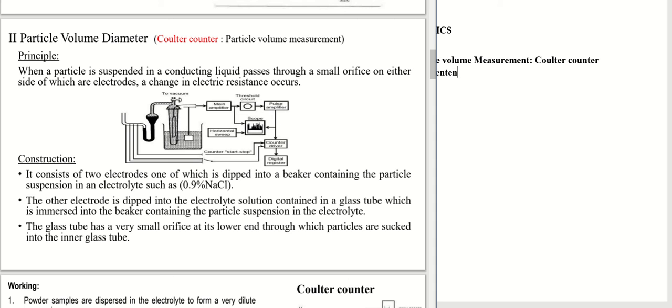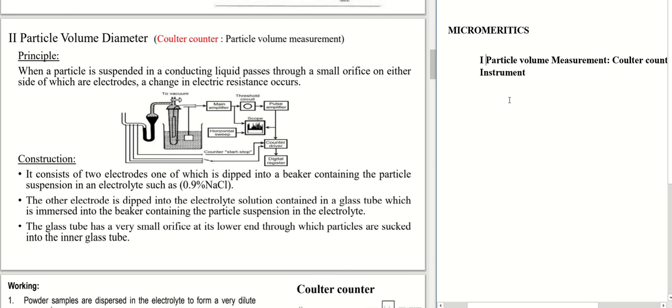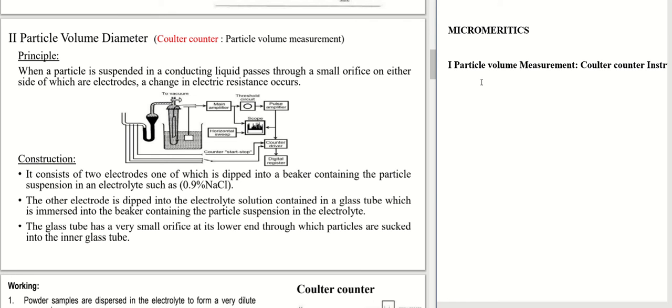Hence, this method is also known as the Coulter counter method, as the instrument used in this is the Coulter counter.